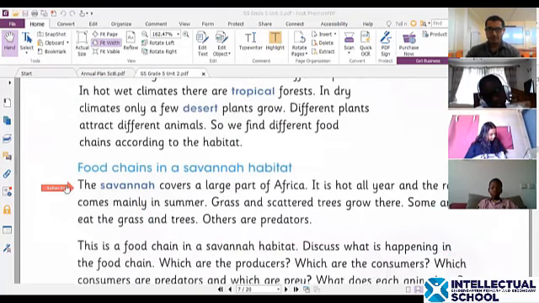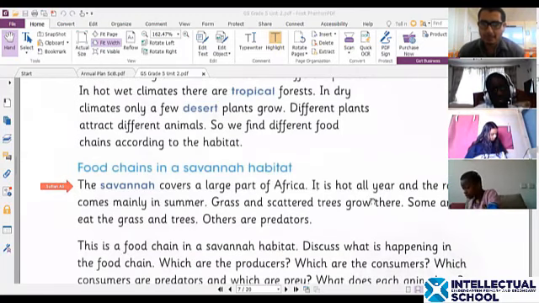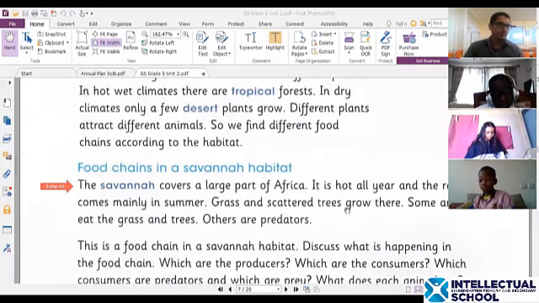So, Johan, can you read food chains in savanna habitat? The savanna covers a large part of Africa. It is hot all year and the rain comes mainly in summer. Grass and scattered trees grow there. Some animals eat the grass and trees.